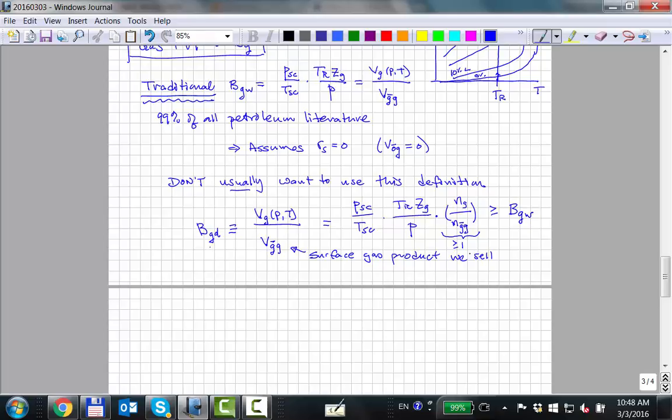The quantity NGG over NG is going to range anywhere from 0.99, it could of course be 1 in theory, down to as much as 0.85 or even less. Around 1 to 15% error. That means that we have to pay attention.